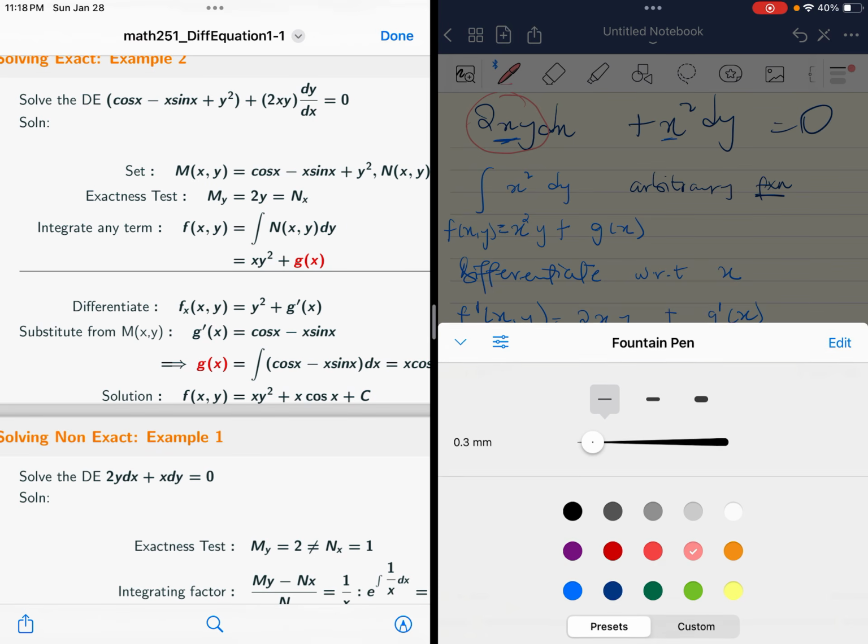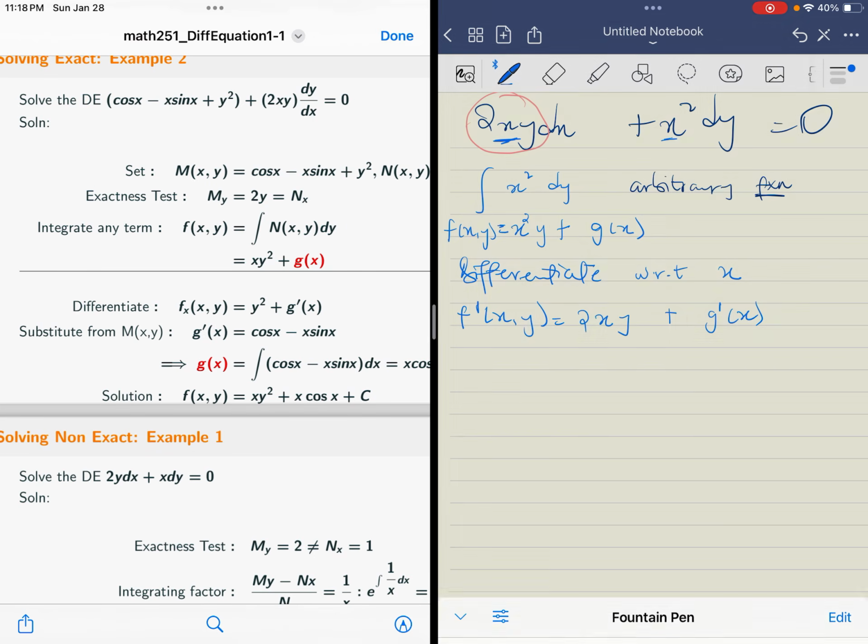And so, what do we do? We compare. In comparing, we see that our M of x y was 2xy plus what?